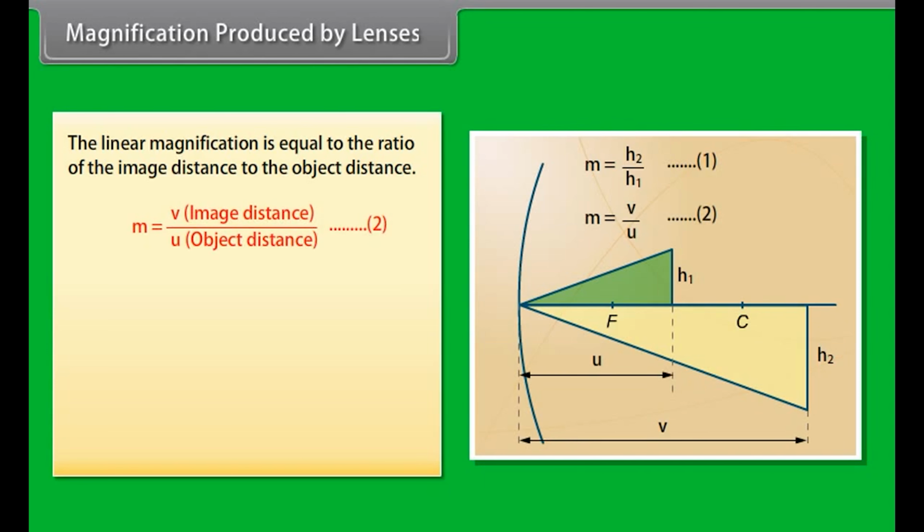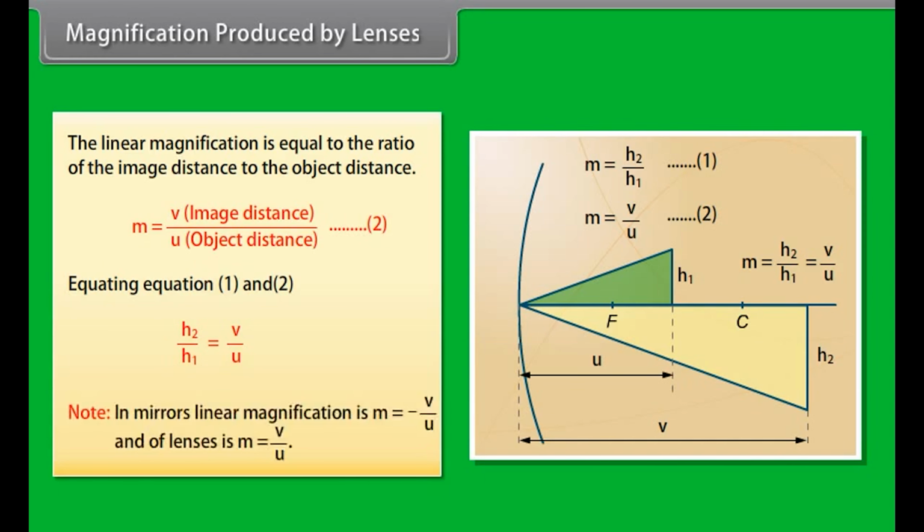M is equal to v, image distance, upon u, object distance, which is equation 2. Equating equation 1 and 2, h2 upon h1 is equal to v upon u. Note, in mirrors linear magnification is M is equal to minus v upon u, and for lenses M is equal to v upon u.